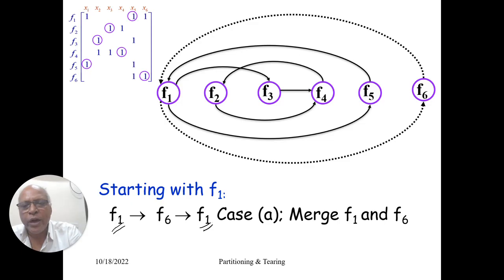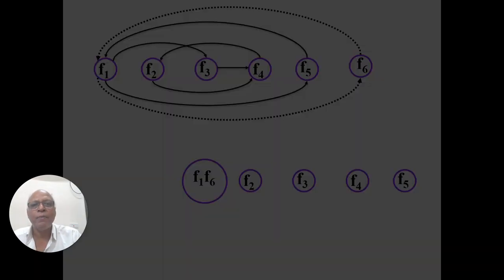So between the repeated node F1, F6 is appearing. So I need to merge F1 with F6. When you put them together, obviously these edges will vanish because they are now combined into one single group node. So this group node also is going to be treated similar to any other node. So I am going to redraw this figure again.